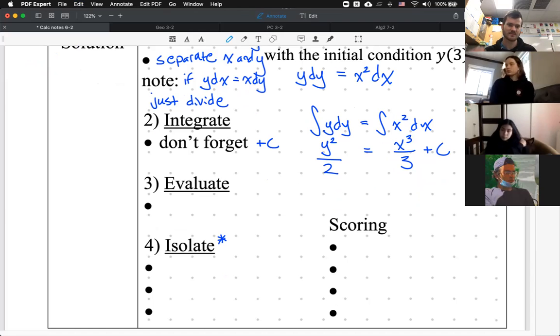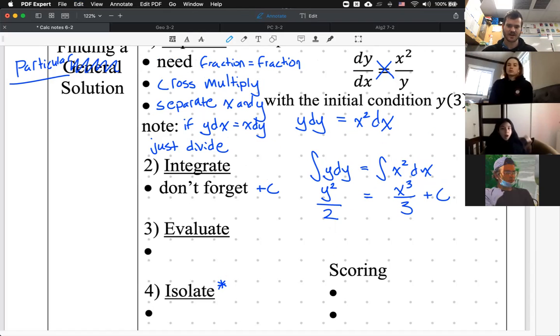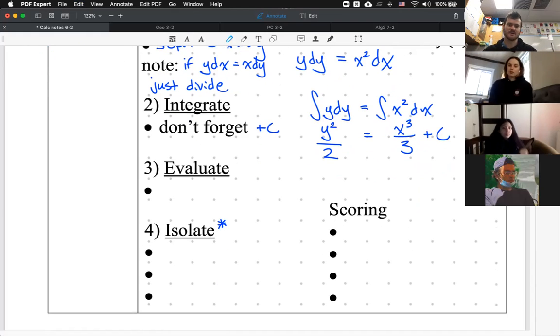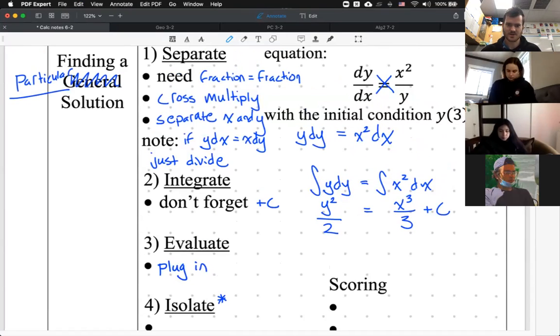Cool, so we have done step 2. We have separated, we got x's and y's on each side. We've integrated, we now got rid of the dy, we got rid of the dx. And now the key step here, evaluate. If you don't know the word evaluate, that's synonymous with just saying plug in. Plug in your initial condition. Our initial condition up here is that when I plug in 3 for x, I get the y coordinate 1.